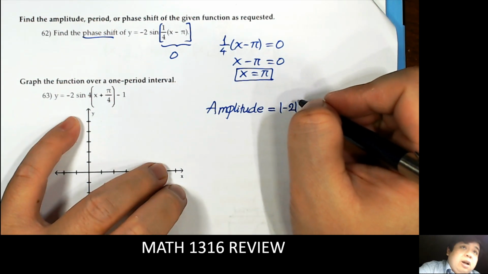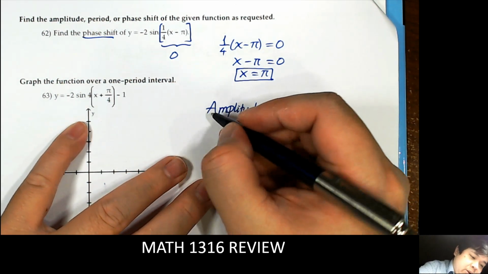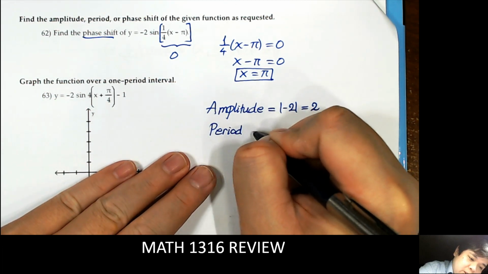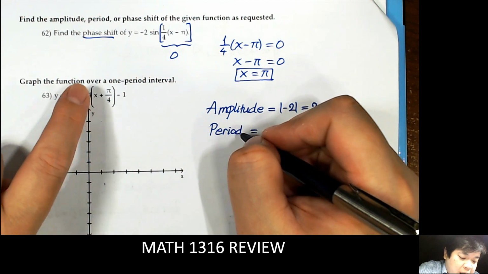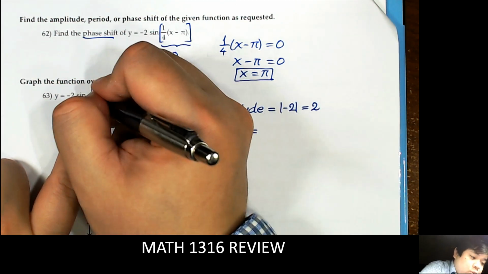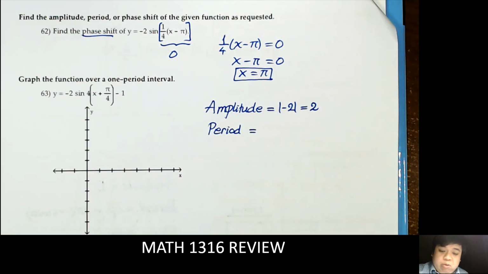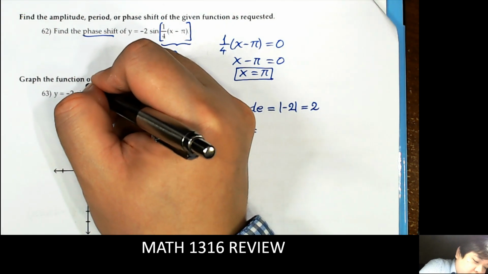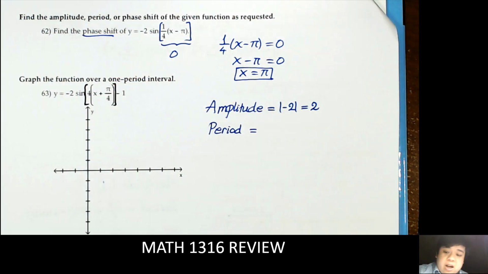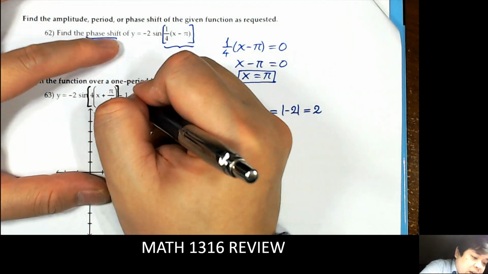And then the period. Notice that we have to consider the 4 here. So I should multiply the 4 inside. Before we go any further, I put a parenthesis or a bracket there, and then multiply it inside.